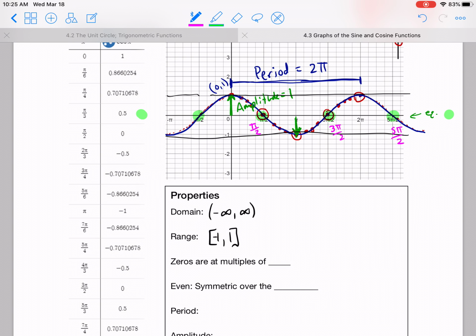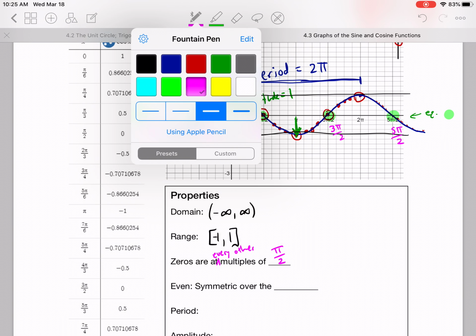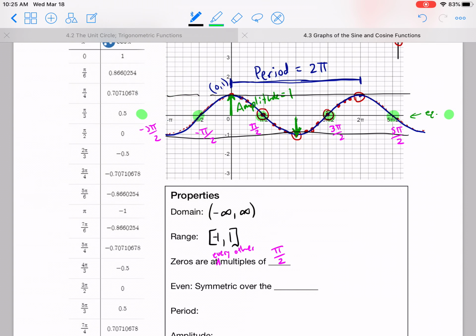And so essentially they're occurring at every other pi over 2. Okay? So they're occurring at multiples, or at least at every other multiple of pi over 2. So you start at pi over 2, and then you don't stop at pi, but you go to 3 pi over 2. So all the over 2's they're occurring at.